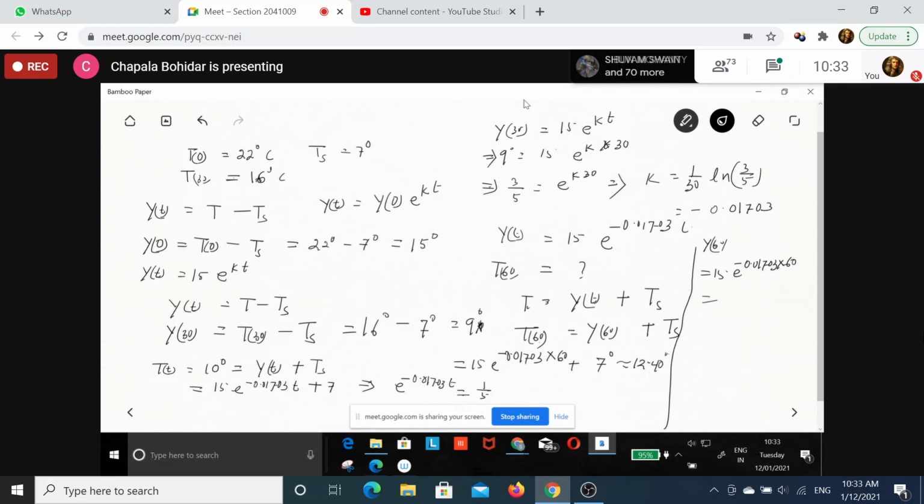So this implies, if I write 1 by this value, e to the power 0.01703 t is equal to, sorry, don't write the minus, taking 1 by 5 inverted, it is equal to 5.